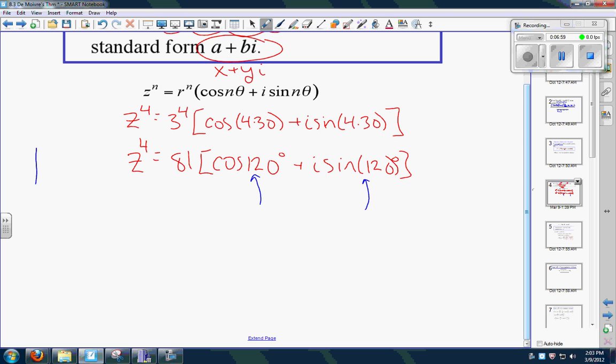So 120 is over here, that means that's a 60, so there's your 30. So cosine of this guy is -1/2.